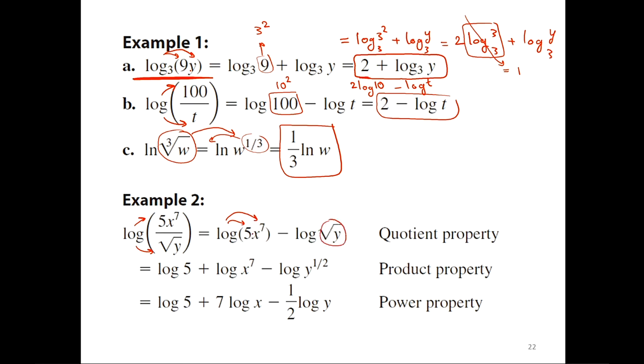And the radical y equals what? y to the power half. Now we can put the 7 multiplied by log x, and half multiplied by log y. So we have log 5 plus 7 log x minus half log y.